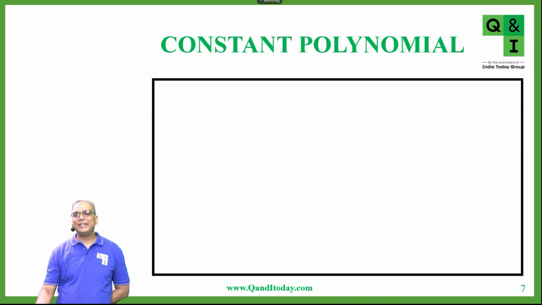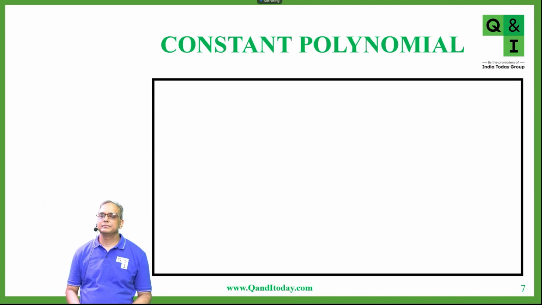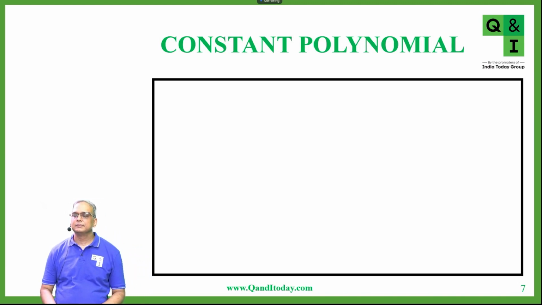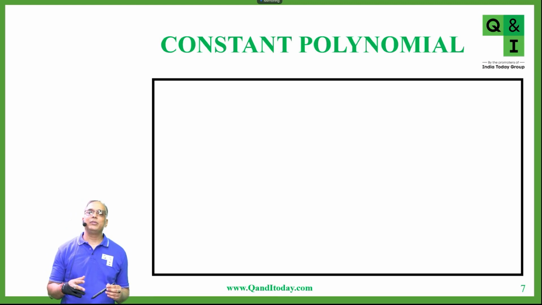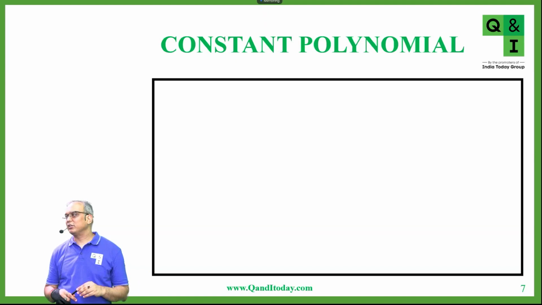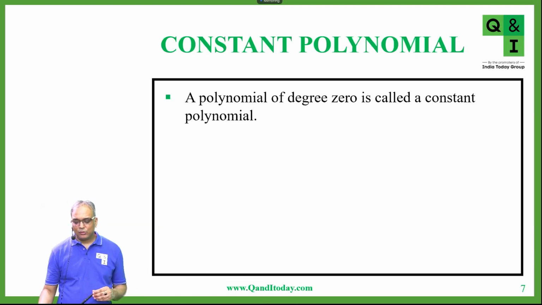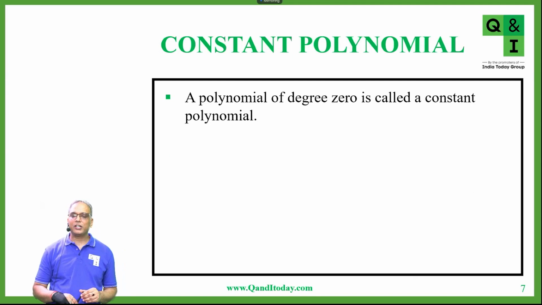Now, constant polynomial. What is a constant polynomial? A constant polynomial is that polynomial where you don't have a term with any variable. So if a polynomial has no term which has a variable in it, it is called a constant polynomial, right? A polynomial of degree 0 is called a constant polynomial.